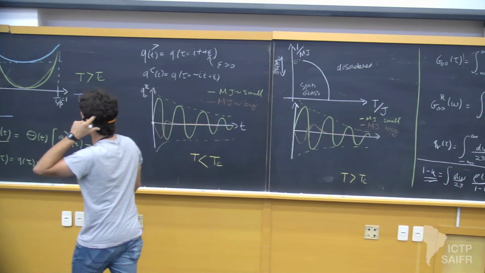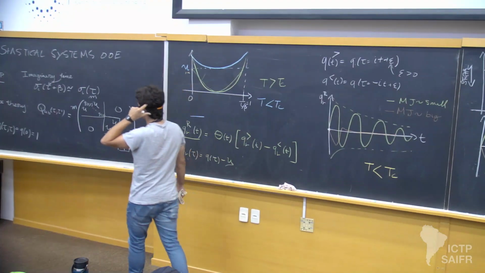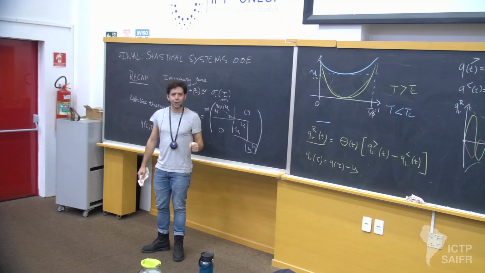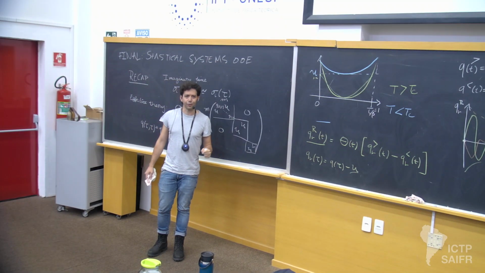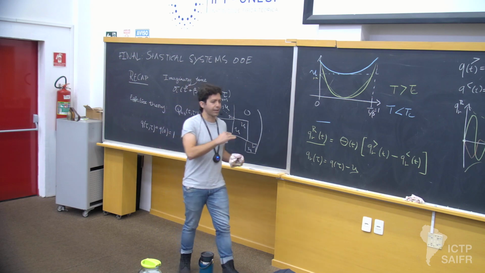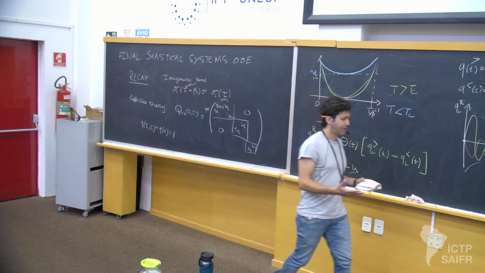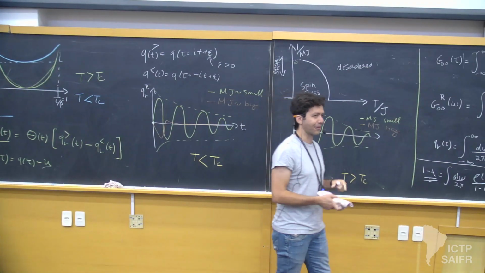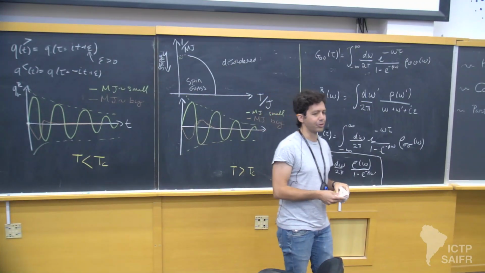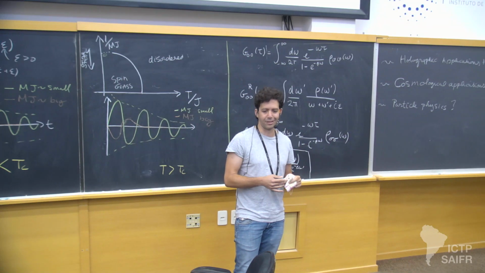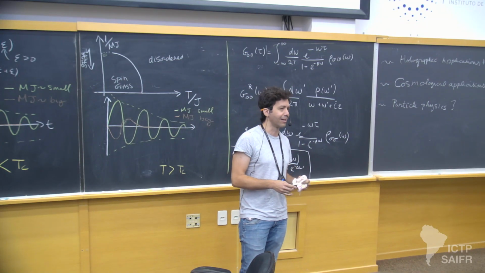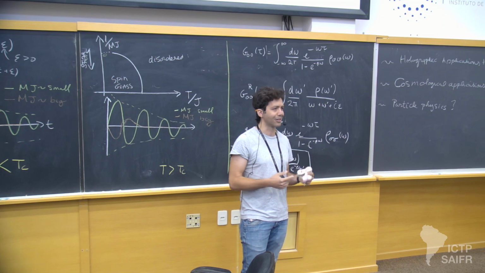Replicas are the natural thing to consider when you want to compute a thermodynamic object with disorder. If you have a flat distribution over your couplings, and you want to compute the log of something first, and then integrate over the couplings, the only reasonable way that we have to do that is to introduce replicas by hand, and then hope that we can continue.